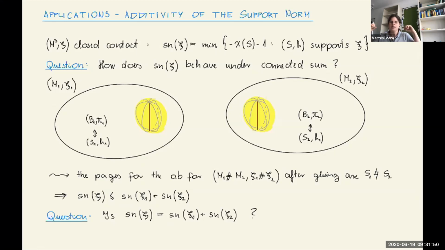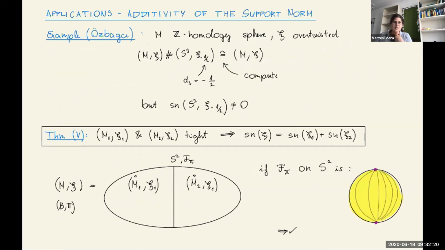You remove it, and then you glue the two open books together, then you are getting a new open book for the connected sum, whose page is the boundary connected sum of the pages of the two original open books. So you immediately see that the support norm has to be sub-additive, okay? And then the question is whether it's additive. And then the answer is that it's not.